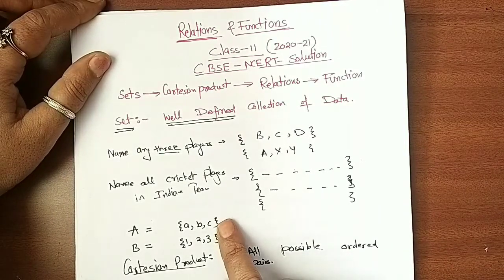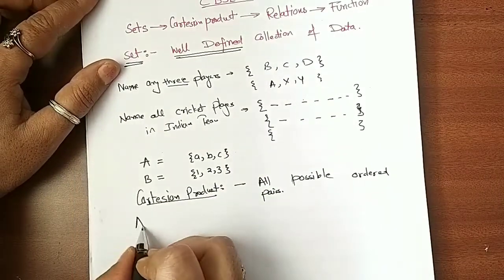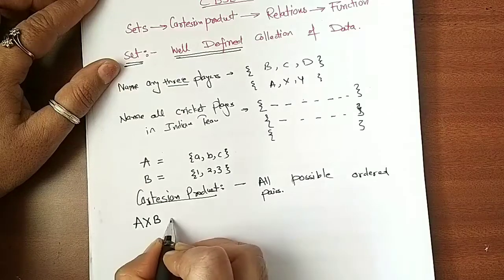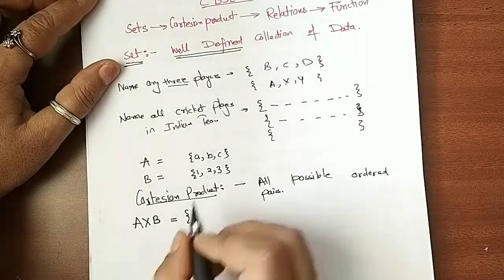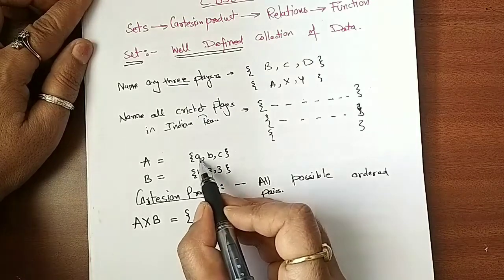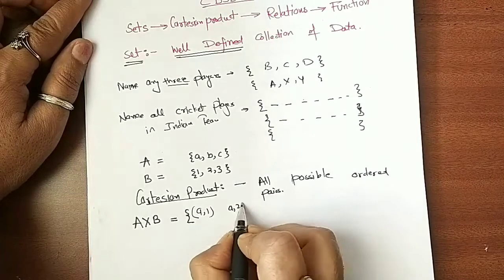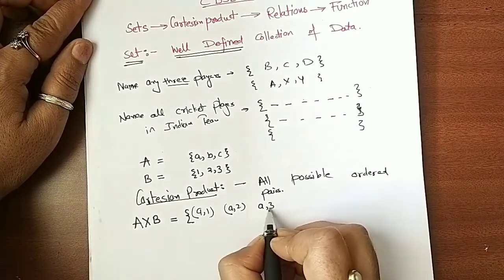If I am taking the Cartesian product of A and B, suppose I want to take A cross B. So what elements will I take? I will take ordered pairs of A and 1, A and 2, A and 3.